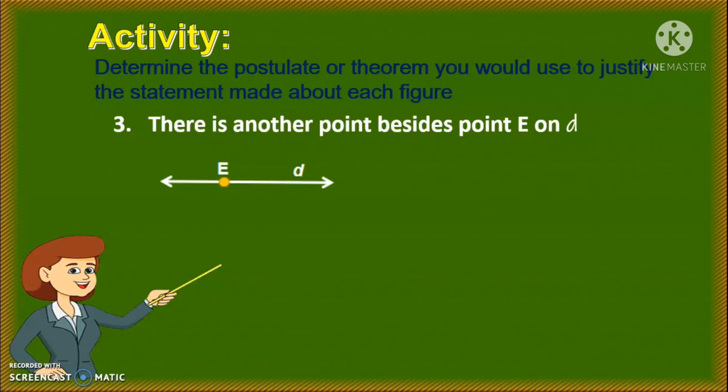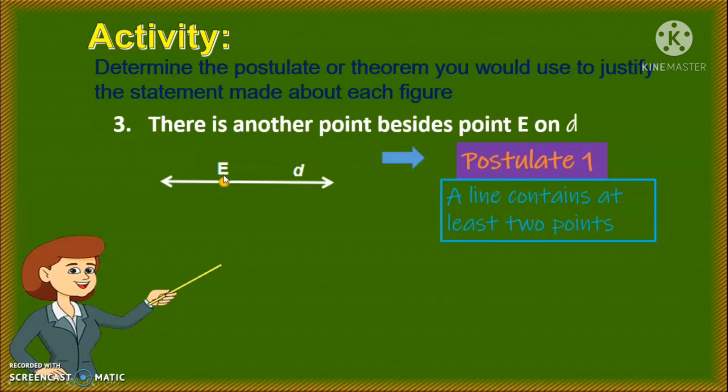Si line D ay merong another point beside point E. Kasi, doon sa postulate na nagsasabi, a line contains 2 points. Diba? So, ibig sabihin, hindi lang si point E dyan, kasi hindi siya makapag-form ng line kung isang point lang. So, anong postulate ito? Postulate 1, it says a line contains at least 2 points.